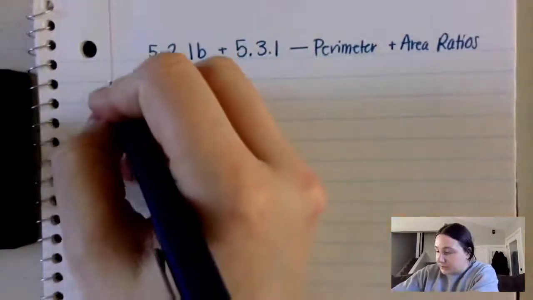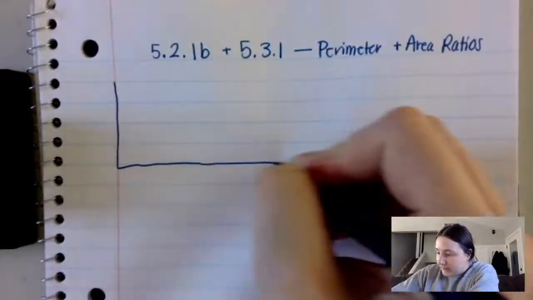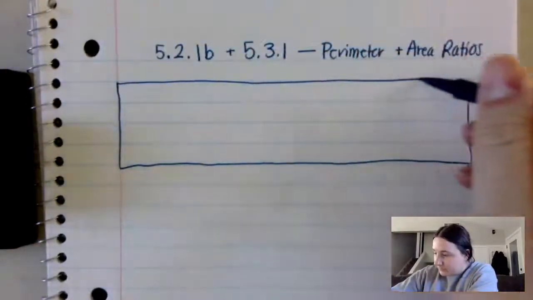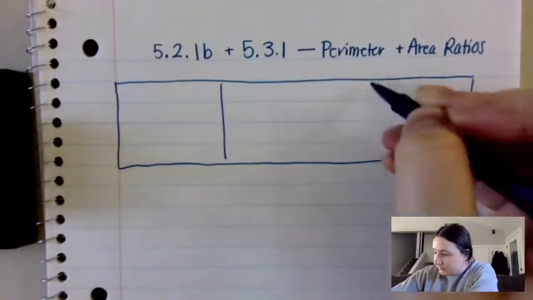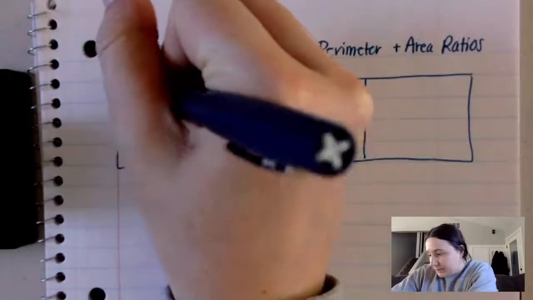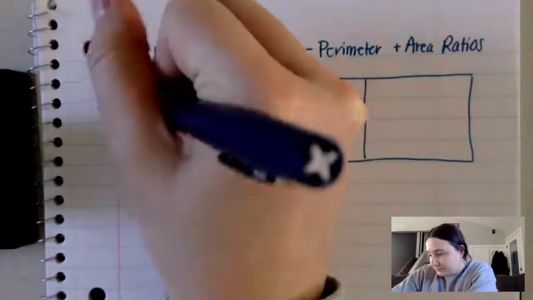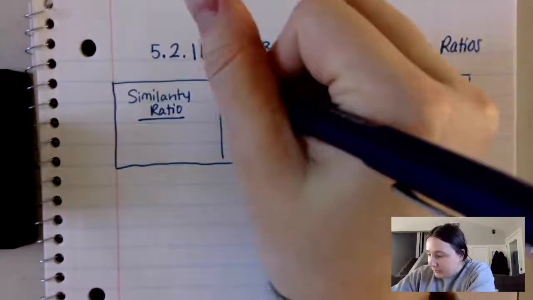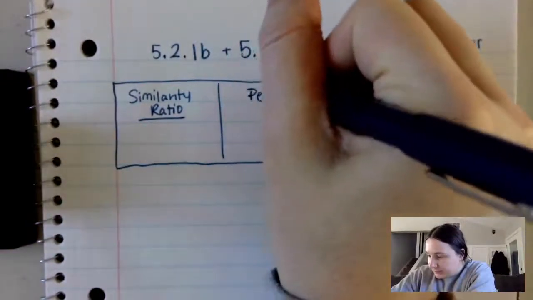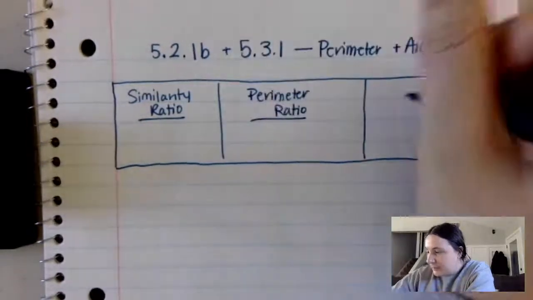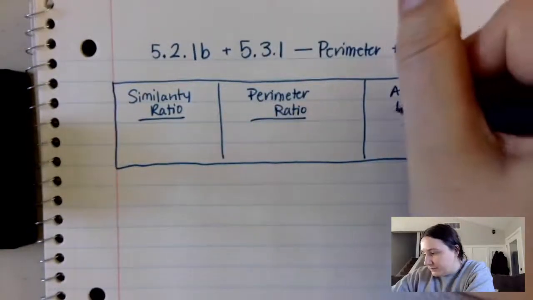I'm going to draw a little box with 3 columns in it. And we have our similarity ratio, and just leave a little space. We have our perimeter ratio, and we have our area ratio.